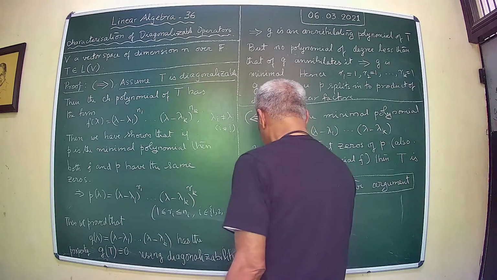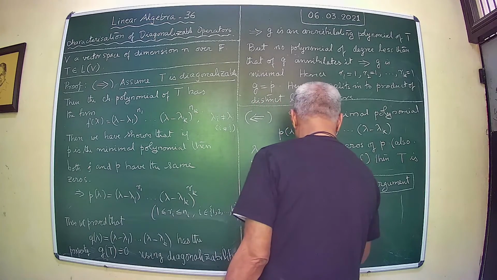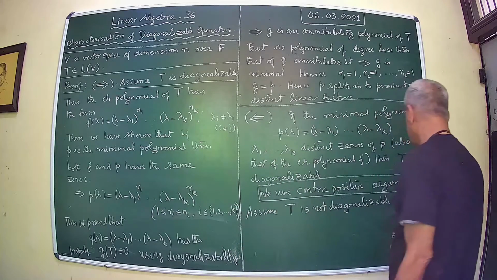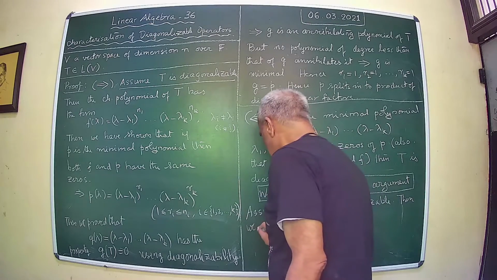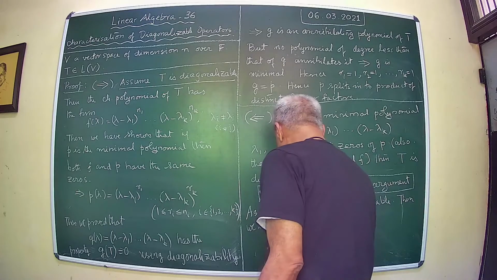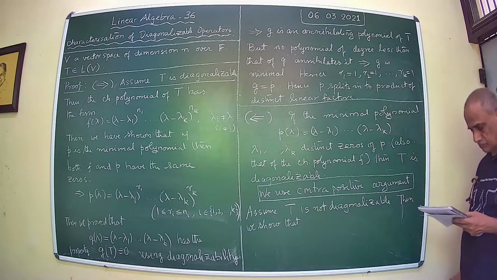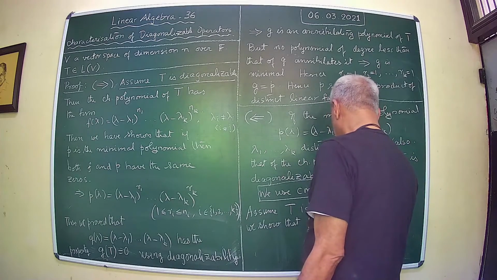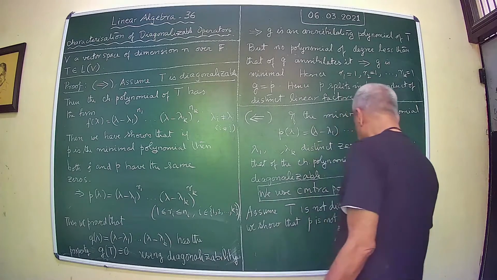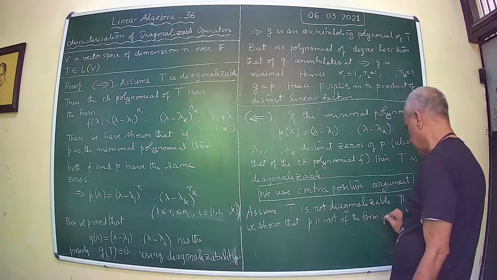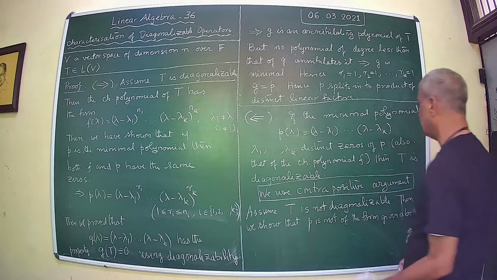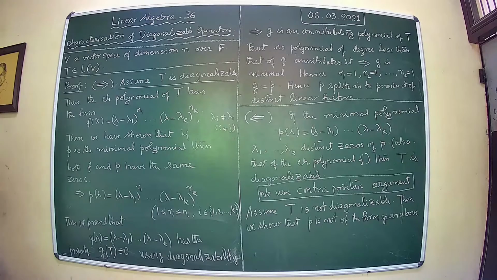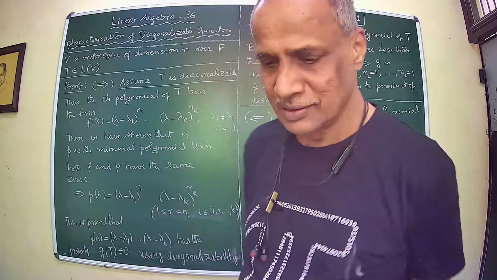Assume P is not diagonalizable. Then we show that, that means what we want to say is that there is some lambda minus lambda j appearing with multiplicity more than that.